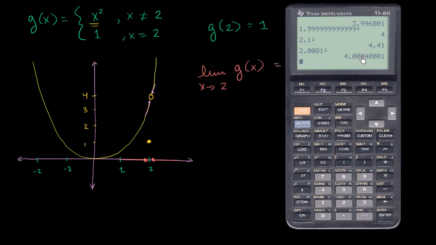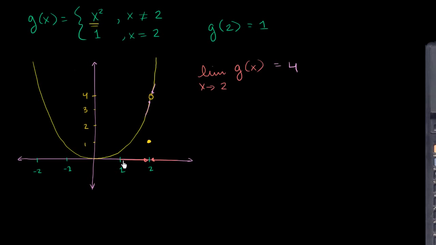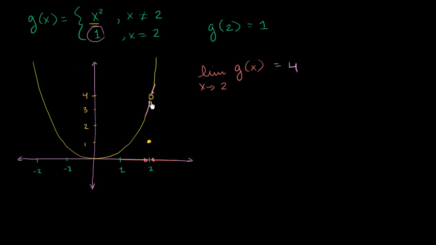Now we're getting much closer to 4. So the closer we get to 2, the closer it seems like we're getting to 4. So once again, that's a numeric way of saying that the limit as x approaches 2 from either direction of g of x, even though right at 2 the function is equal to 1 because it's discontinuous, as we're approaching 2, we're getting closer and closer and closer to 4.